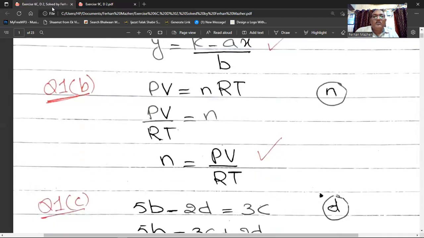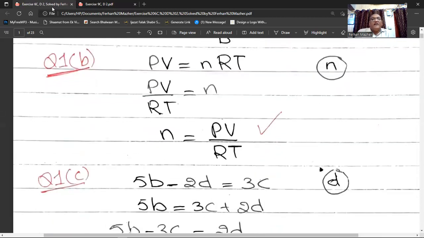So if you want to make n the subject, the RT on the right side is multiplying with the n, so I will take that RT to the other side. The RT which was multiplying here, when it goes to the other side, it will divide. So you will have n equals PV divided by RT. So you have made n the subject of the formula.